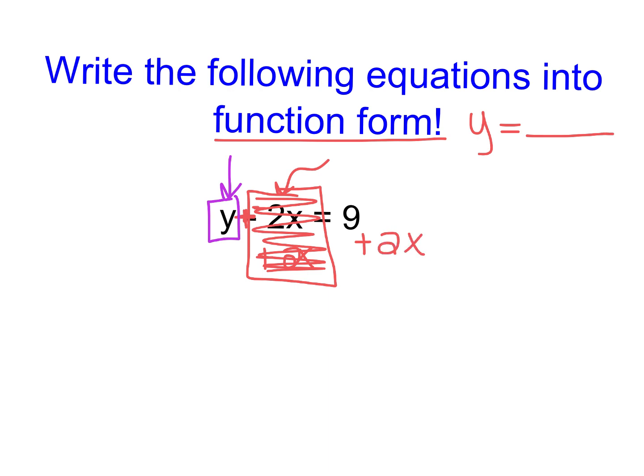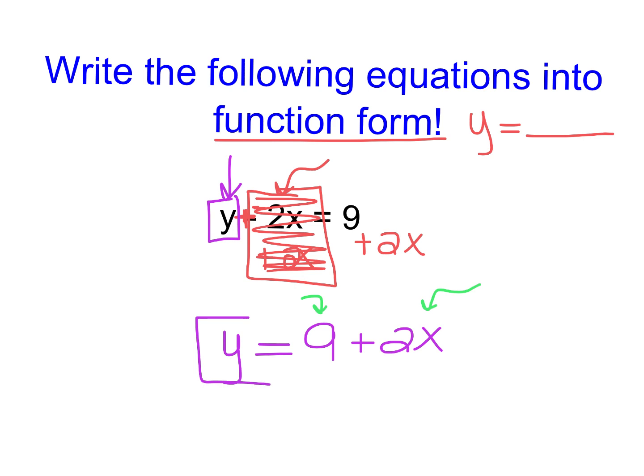So we also have to add that 2x to the right-hand side. So if I add 2x to each side, I end up with y alone on the left is equal to 9 plus 2x on the right-hand side. And then I notice that 9 does not contain an x, but this 2x does. Because of that, they're not alike terms, so I leave them as is, and my equation, rewritten in function form, is y equals 9 plus 2x.